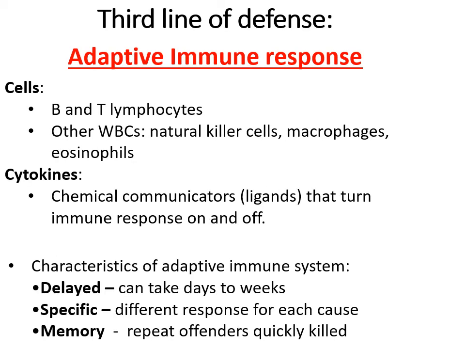Okay, so the third line of defense that we're not going to spend too much time on right now is the adaptive immune system, right? So we spoke about the innate immune system and how it responds with its natural barriers and certain cells that will respond within minutes to hours.